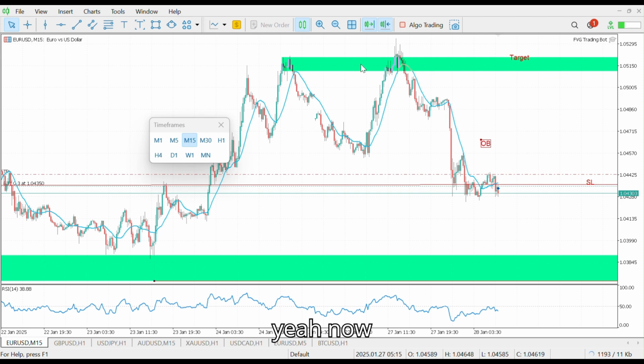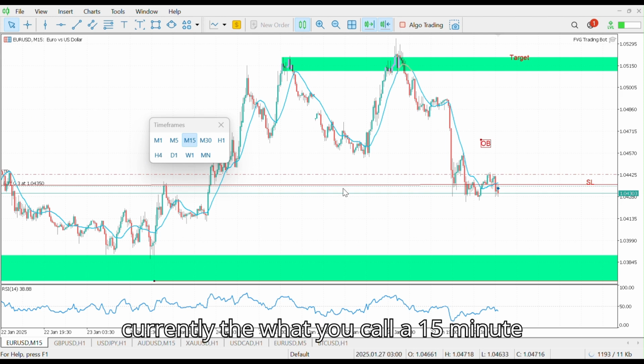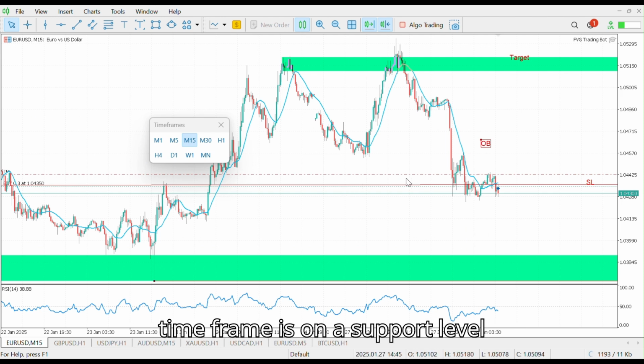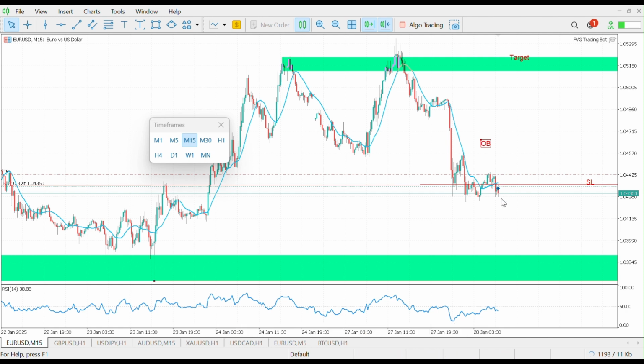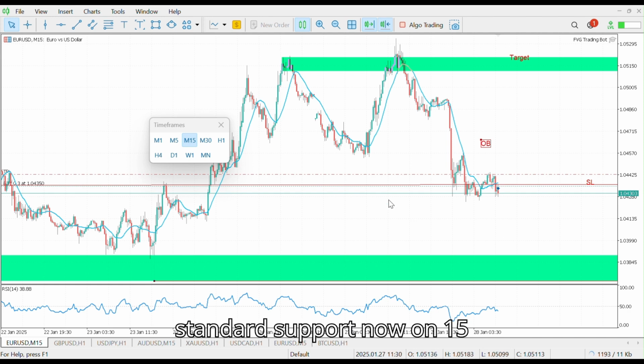Yep. Now, currently the 15-minute time frame is on a support level, from a resistance to a support. Now, on 15 minutes, what do we notice here?